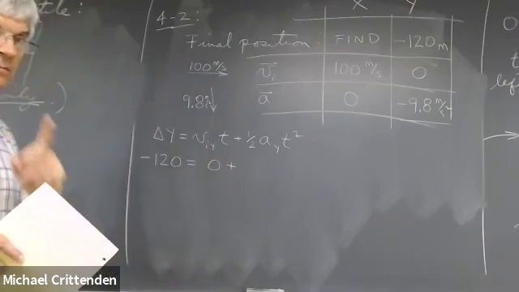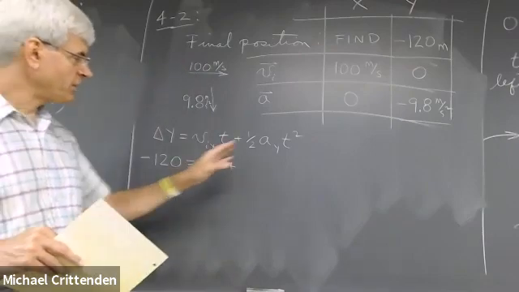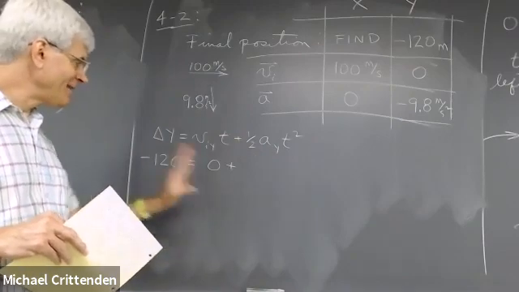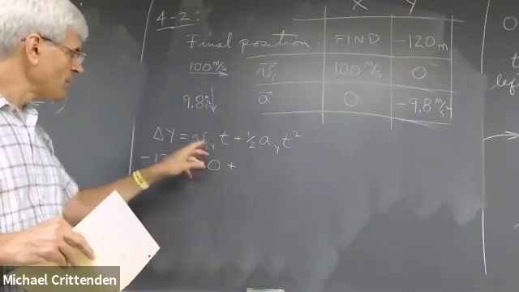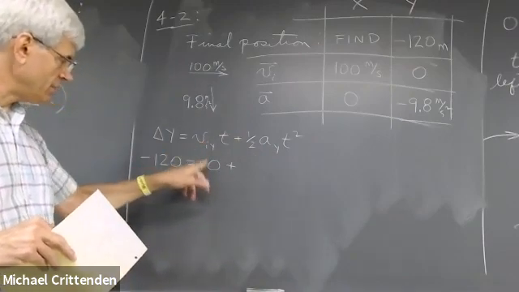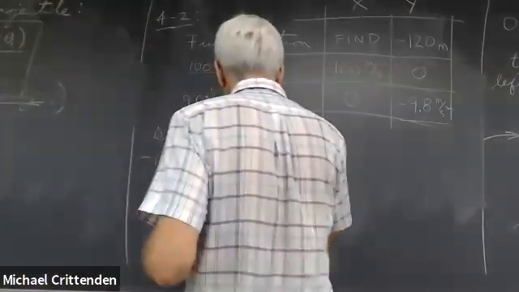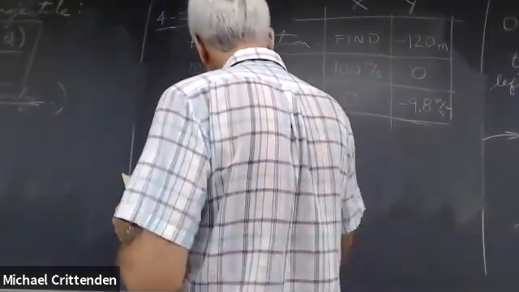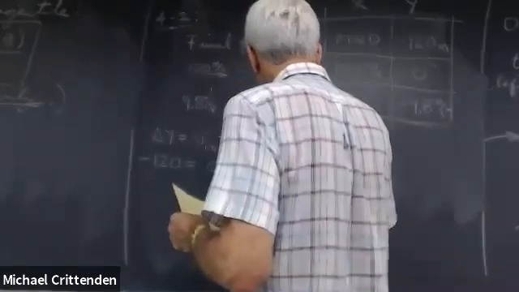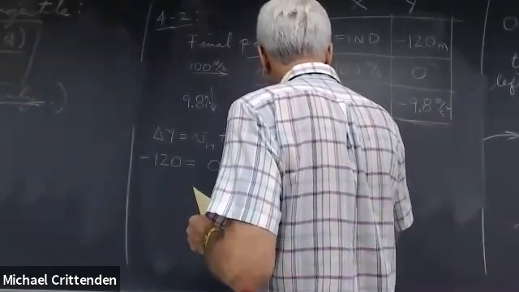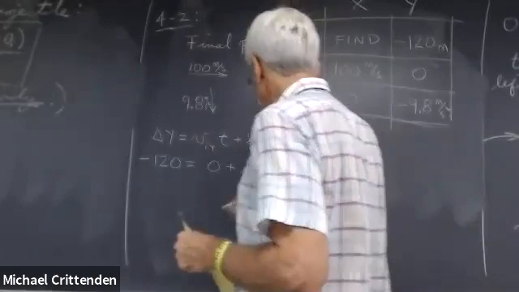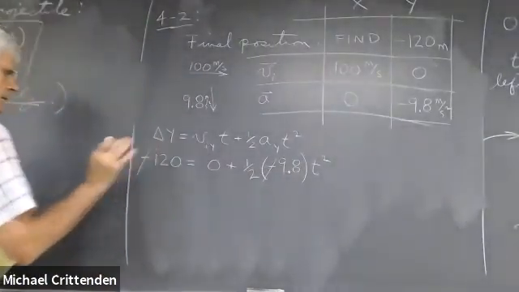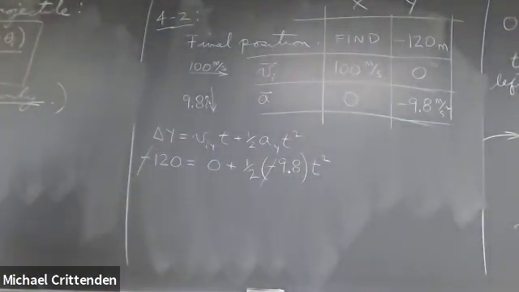Think in terms of components. It's not just the acceleration, and it's not just the initial velocity. What is the y component of that? Multiply through by -1, and the minus signs cancel each other.